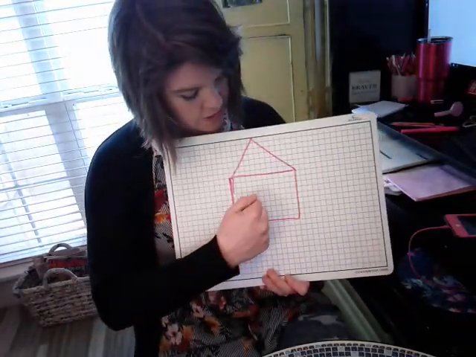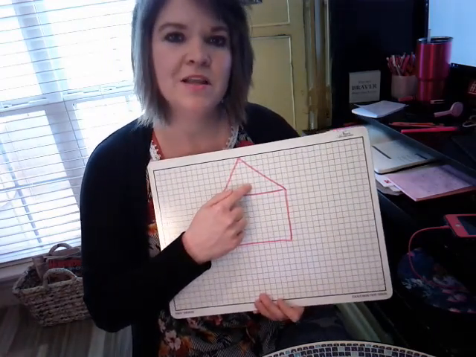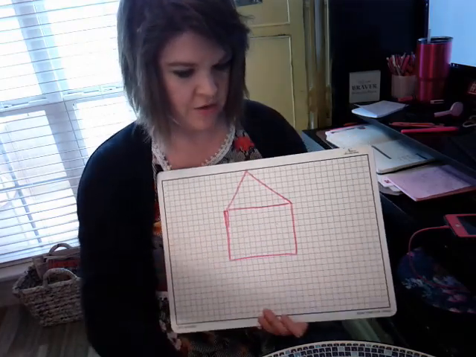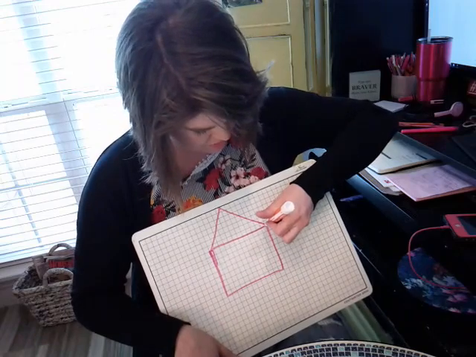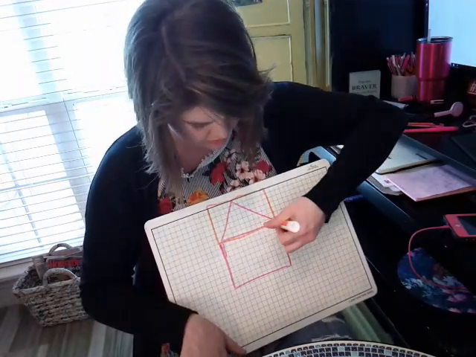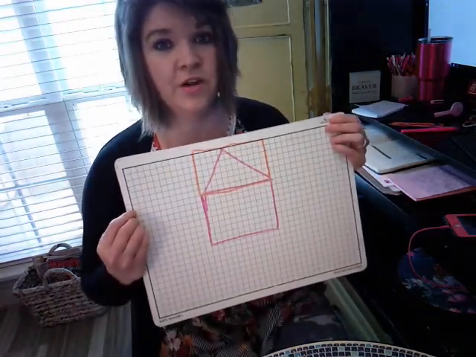You counted the squares in here, and you counted the squares in here. And we learned that for a triangle, the area of the triangle is half the area of the rectangle around it. We made sandwiches. And so you would have made a rectangle around this triangle, and half of the area of that rectangle is the area of the triangle.